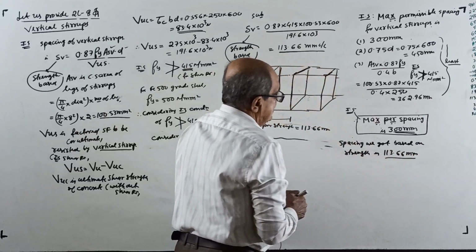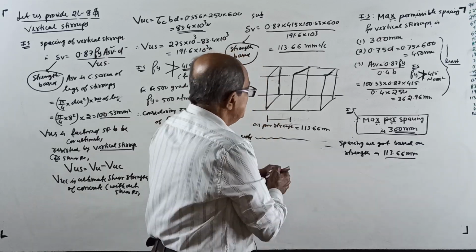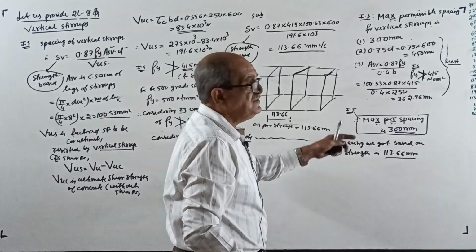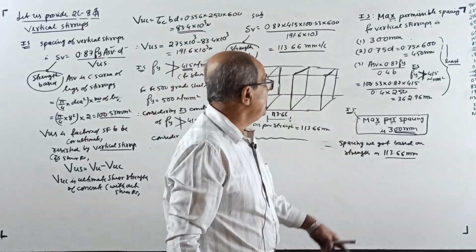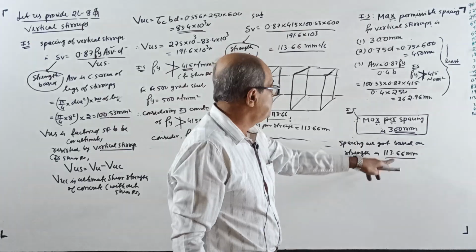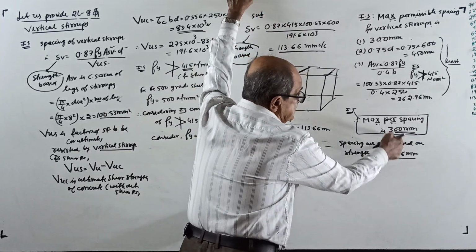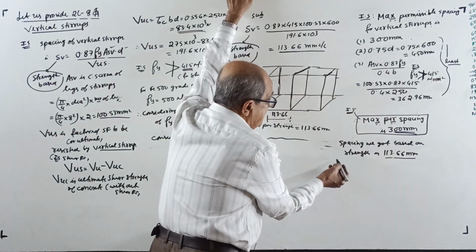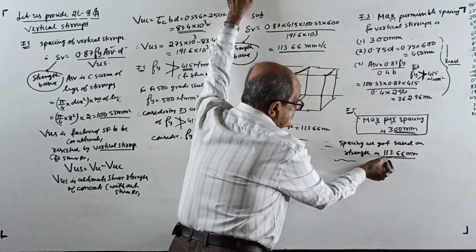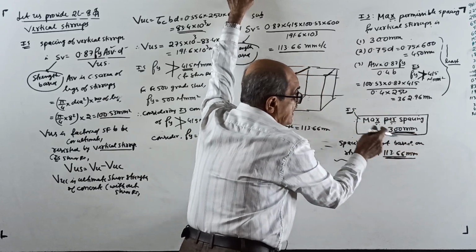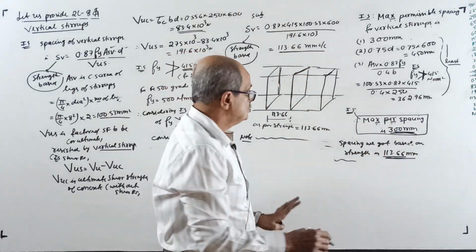Now, from strength we got 113.66 as the requirement. IS code is telling you should not provide more than 300. So provide 113.66. Therefore, compare these two and take the least: compare the designed strength-based spacing with the maximum limit, and provide whichever is lesser.